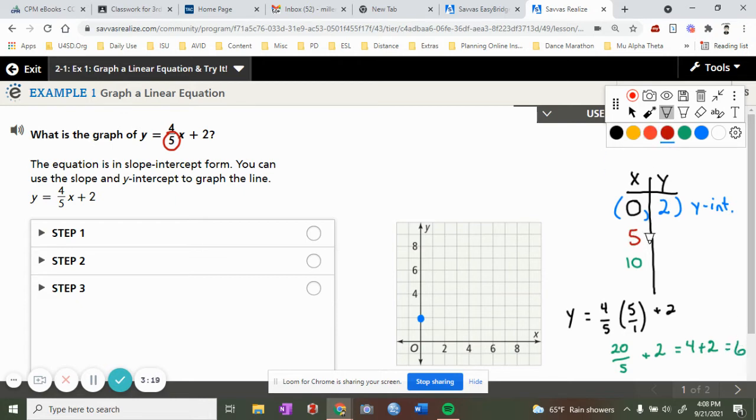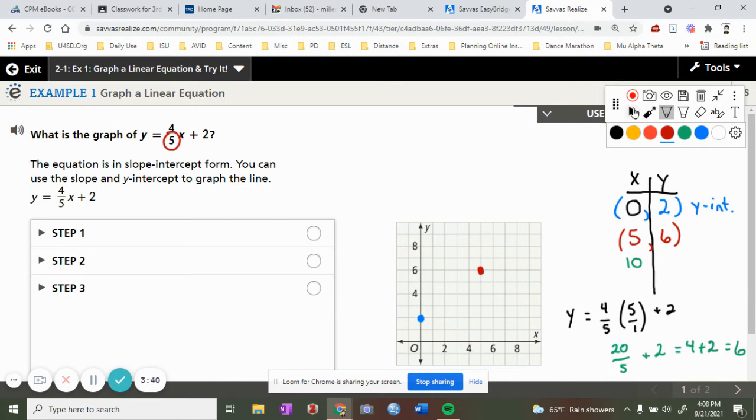So if I put in 5, I get 6 as my y value, and that's my next ordered pair. So there's my next point. And we can keep going, but we really only need 2 points to determine a line. Okay, so it's going to follow this up.